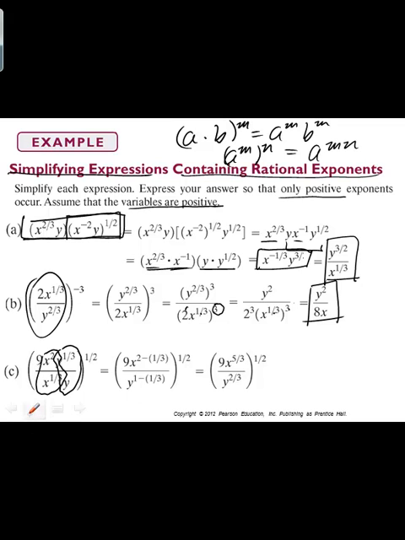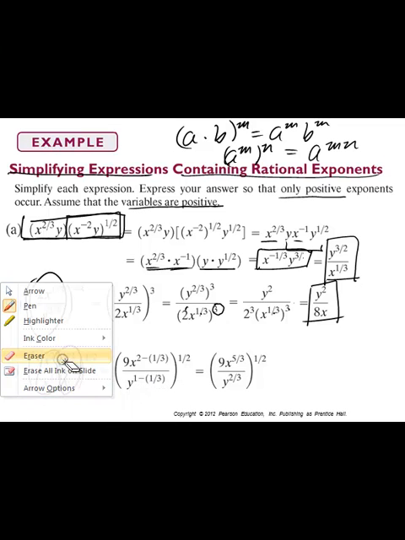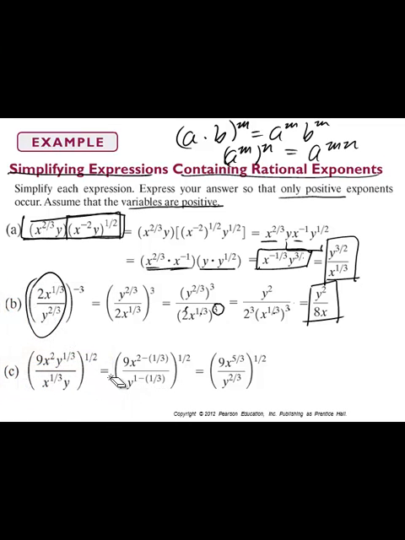You could have just as well, folks, just distribute this 1/2 to each one of these as well. Let me do that real quick, and what you would have gotten. Now, basically, you would be taking the square root of all the stuff.